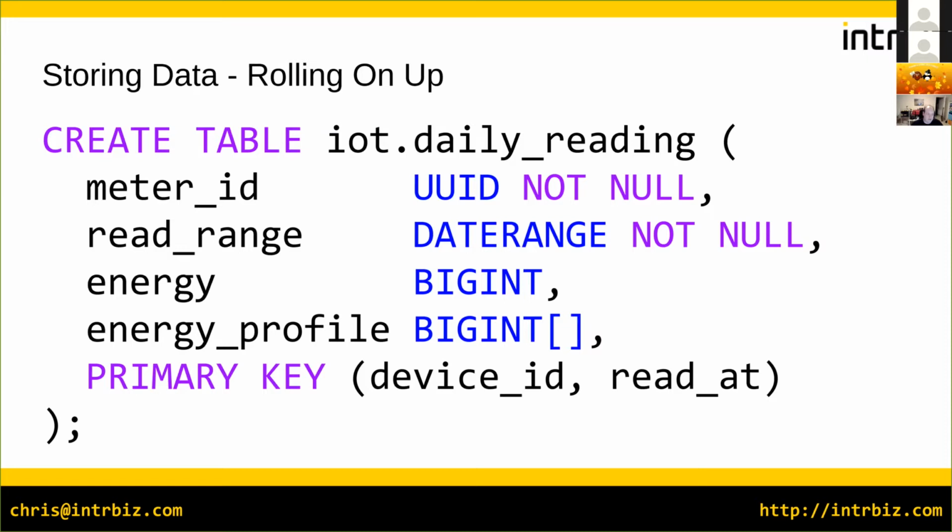One of the more interesting things of certain IoT systems is that, as I was talking about earlier, energy meters sample data every 30 minutes. A smart electricity meter is tracking your energy consumption every 30 minutes, as well as your daily energy consumption.